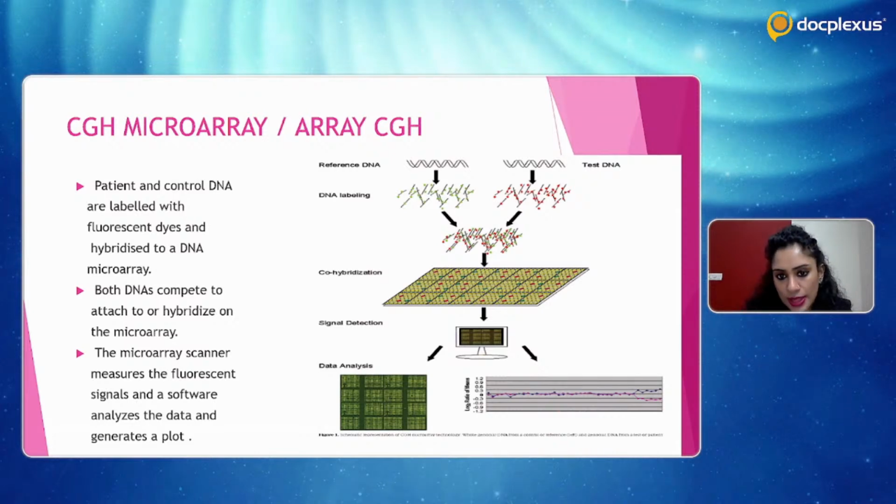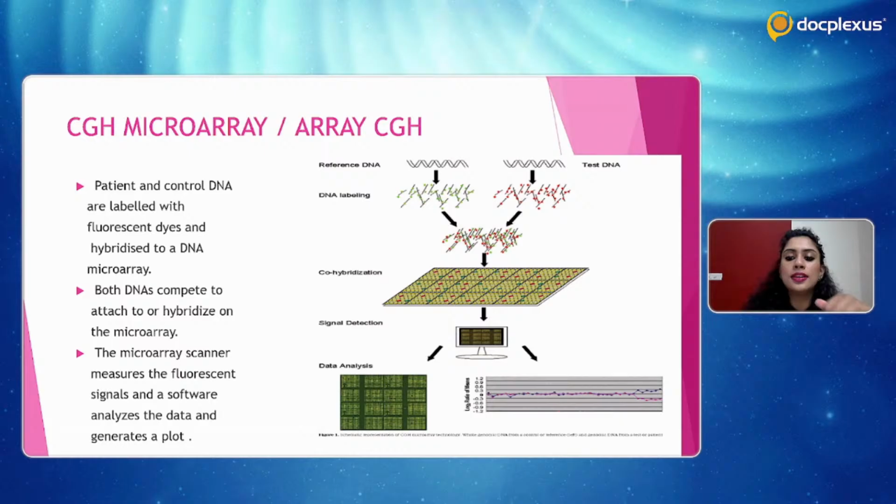So you scan them, you have the signal detection, and software analyzes the data and generates a plot. So you have a reference DNA and you have a test DNA. You conduct DNA labeling, co-hybridization is done on the DNA microarray, the fluorescent signals are picked up and measured, and then the plot is generated by software.